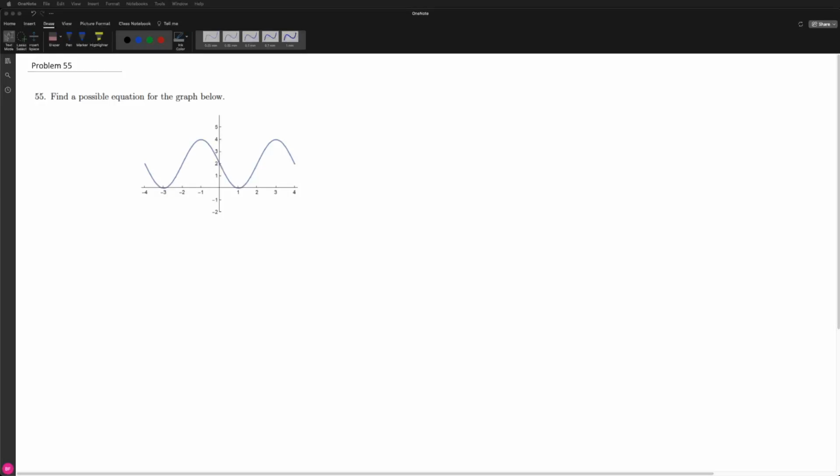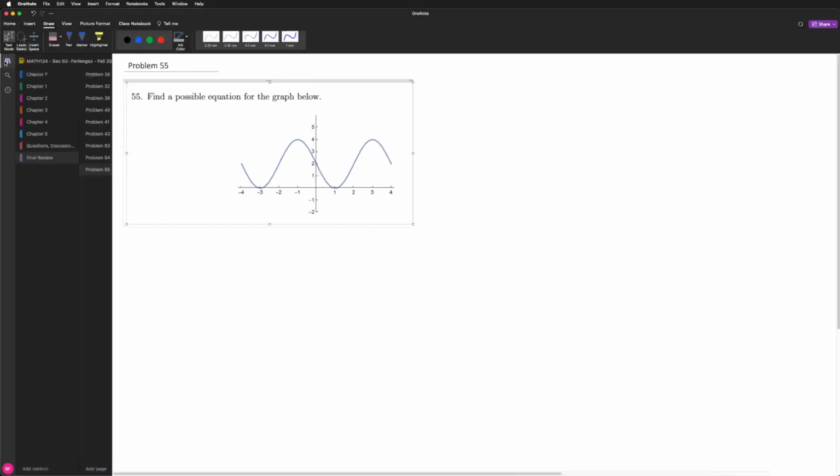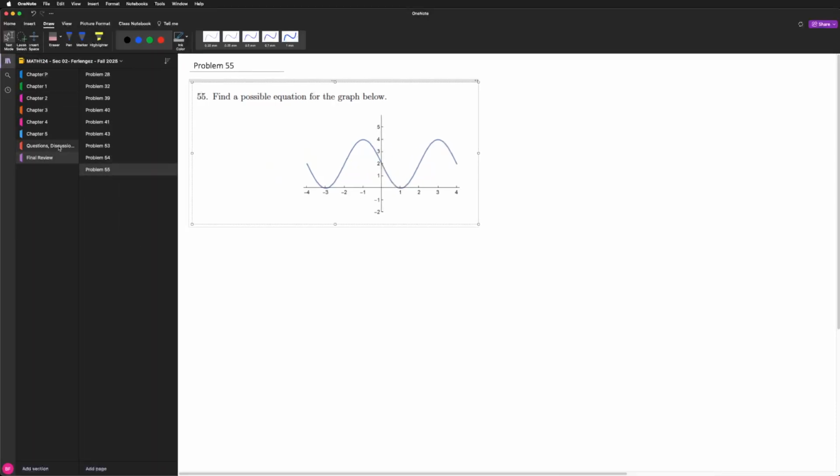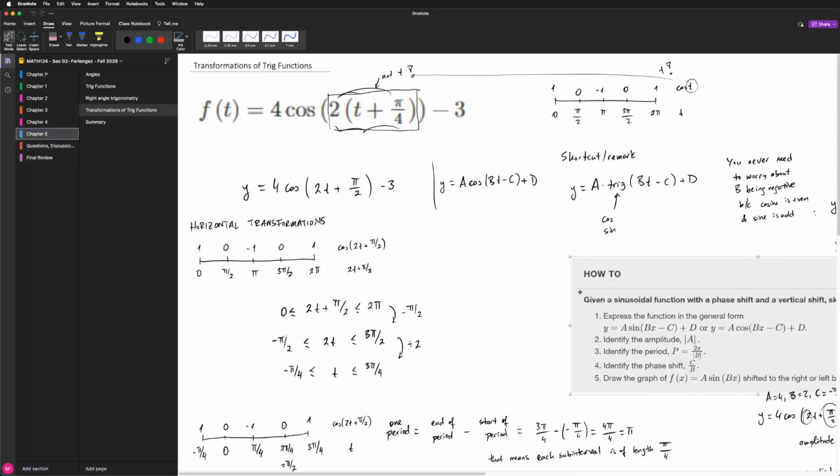And this question is very similar to question 54. Find a possible equation for the graph below, where we have a sinusoidal graph. And this time, let me use the formulas of the textbook.